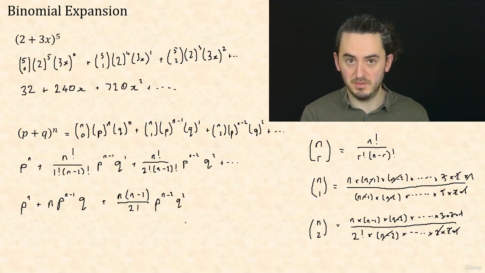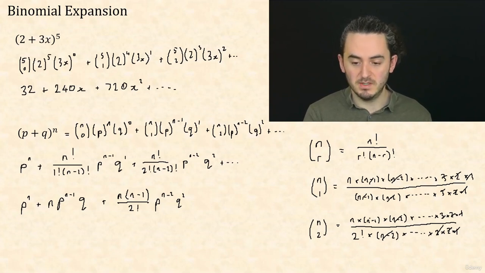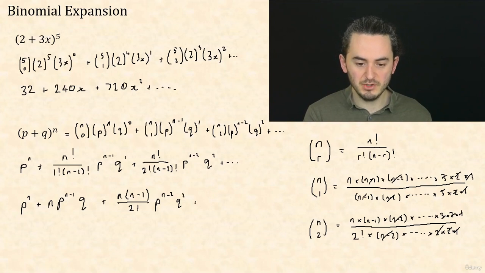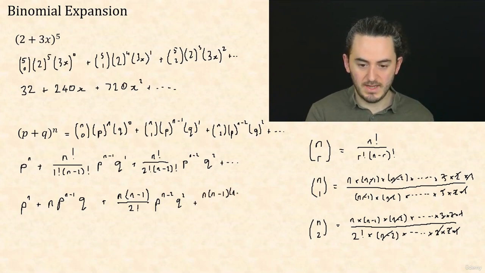Now there's a pattern that's going to build up here. If it was n choose 3, we would have cancelled everything apart from the n minus 1 and the n minus 2. The n minus 2 would have survived, and then we would have just had a 3 factorial here. So n choose 3 is n, n minus 1, n minus 2, all over 3 factorial.